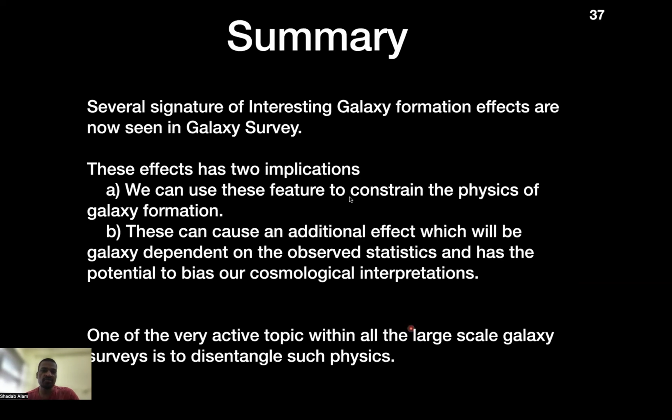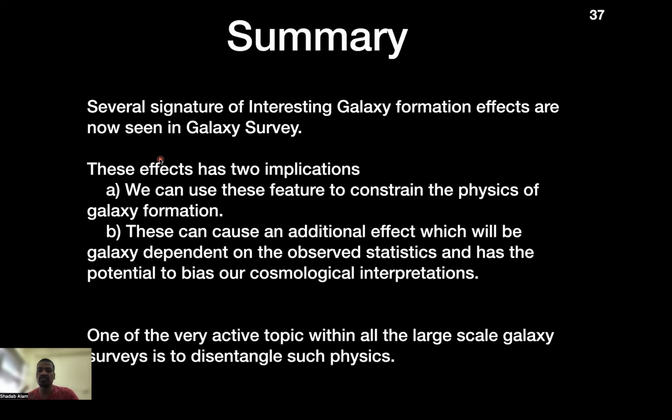So with that, I will leave you with my summary. There are several signatures of interesting galaxy formation effects now seen in galaxy surveys. These effects have two implications. We can use these to constrain our galaxy formation physics, but these also add additional effects on all the statistics we are going to measure.